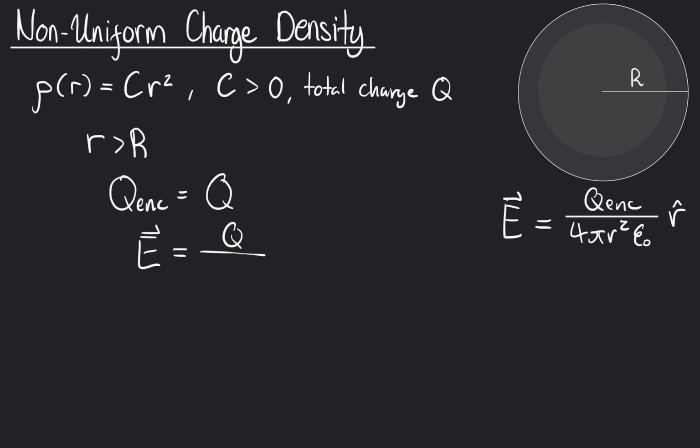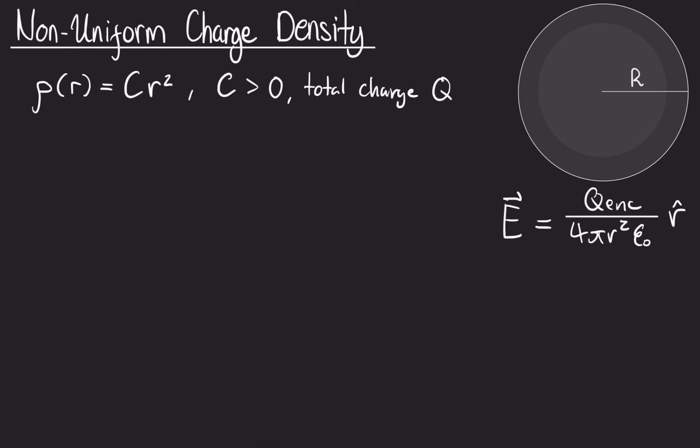It would just be Q over 4 pi r squared epsilon naught r hat, which is essentially this equation, but just with Q in it. So that works great when we're outside the sphere. But when we're inside, it gets a little bit more complicated. And so that's what we're going to have to solve for.